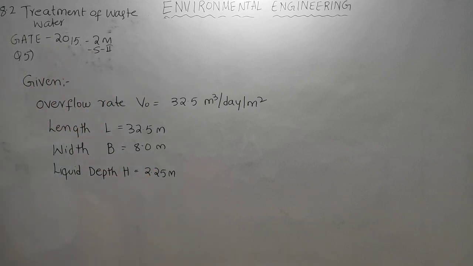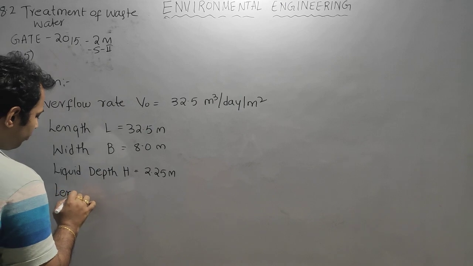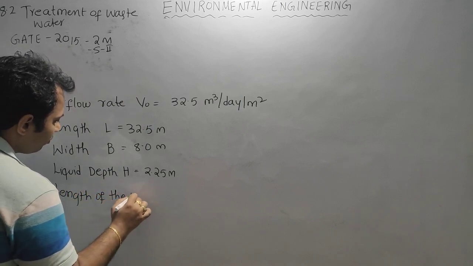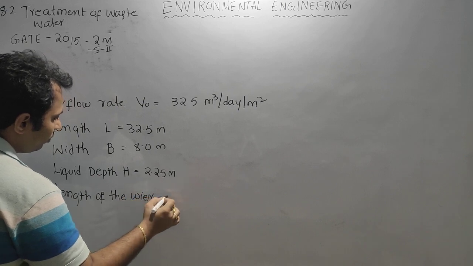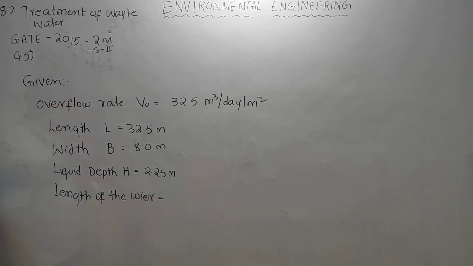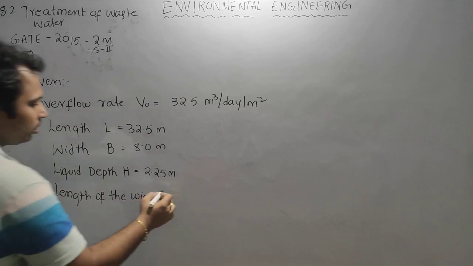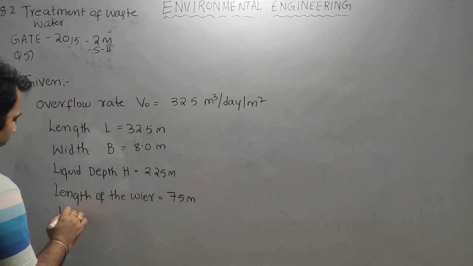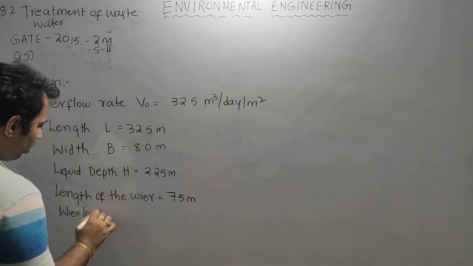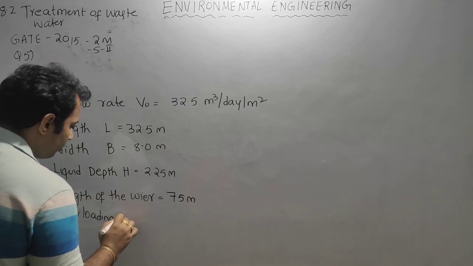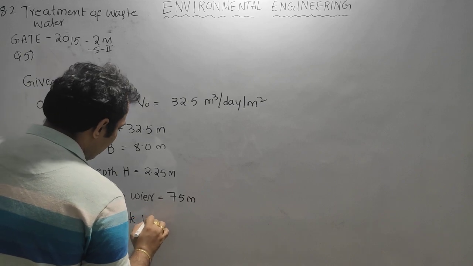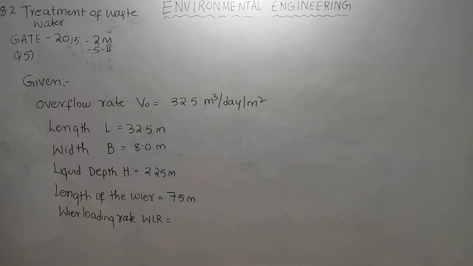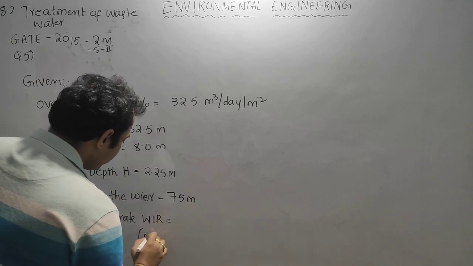The length of the weir is equal to 75 meter. So what is the weir loading rate, WLR, in meter cube per day per meter?